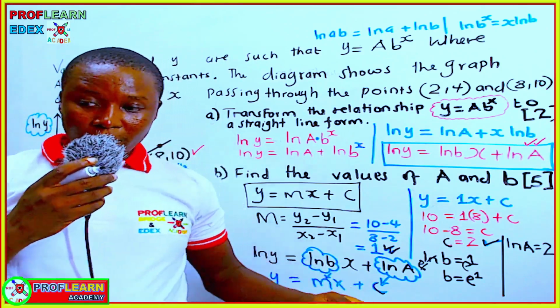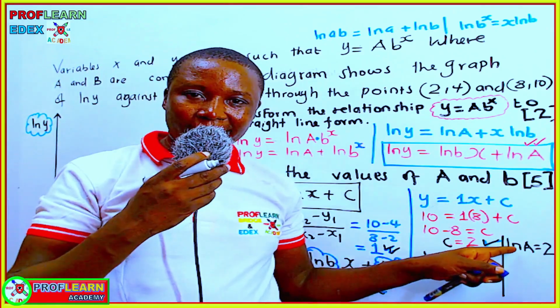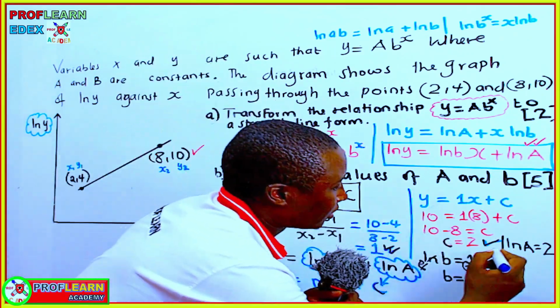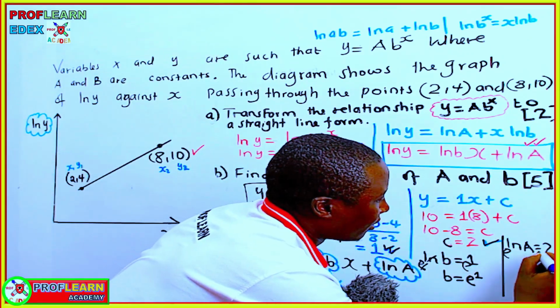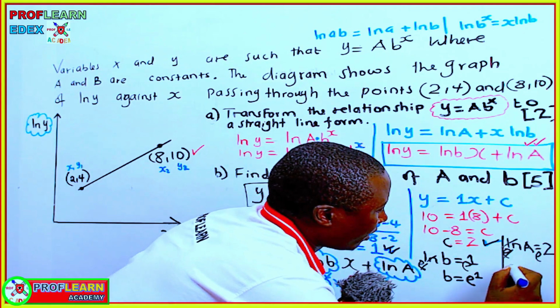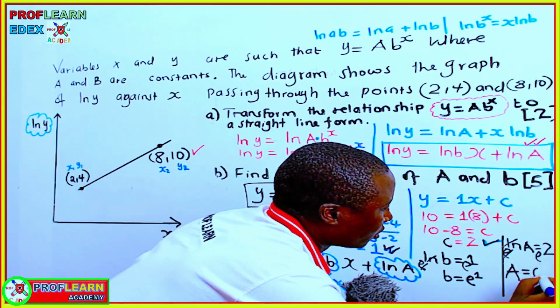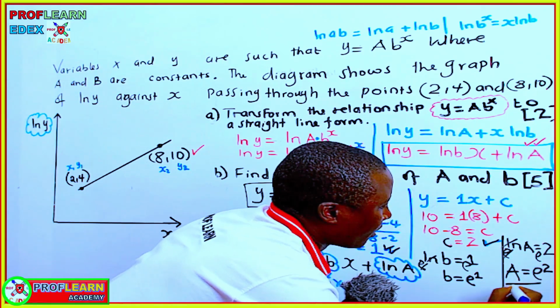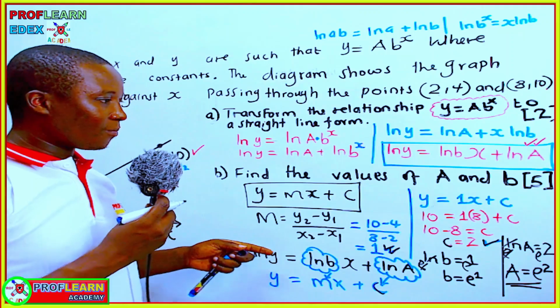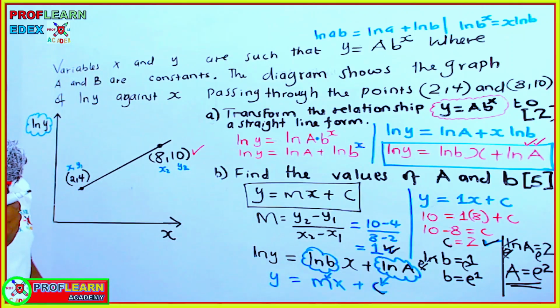So we are going to introduce the exponent also here in order to get the value of A, and the natural log cancels. We end up having our A equal to e to the power 2. And that is exactly what we were supposed to remain with when we are given a question like that.